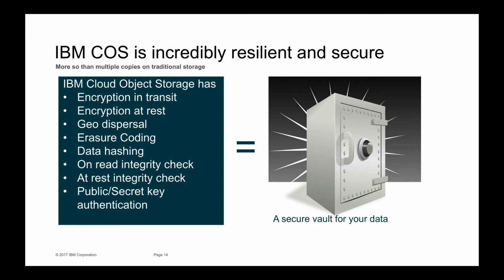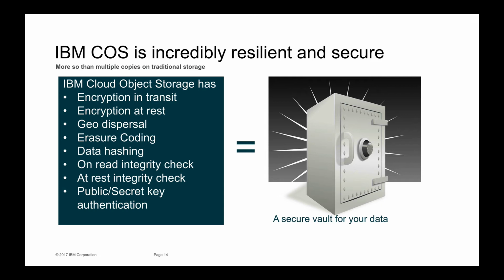The data is dispersed amongst multiple physical devices, dispersed amongst multiple data centers, either within a region or cross-region. We erasure code the data so that we actually only have a single copy of the data, but that data is spread across many sites, and we can survive the failure of many devices and sites plus the additional devices without the users knowing that anything has actually happened.